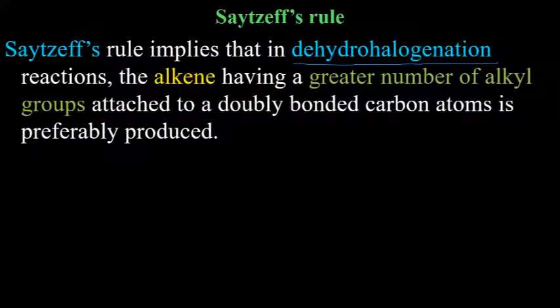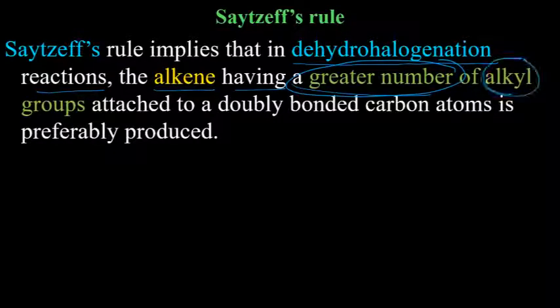In dehydrohalogenation reactions, the alkene having a greater number of alkyl groups attached to the doubly bonded carbon atoms is preferred. So that will be produced. That will be the major product, greater than 95%. So you will mention that one. I'll explain it with an example.